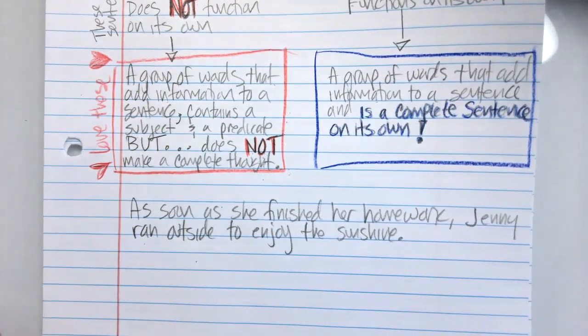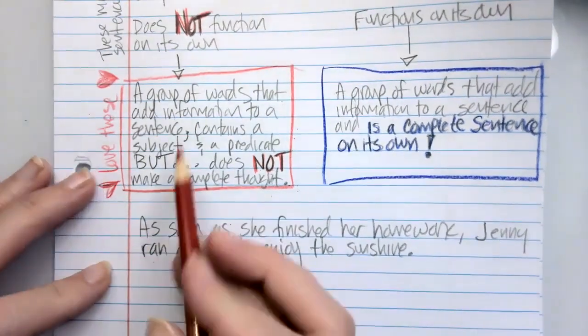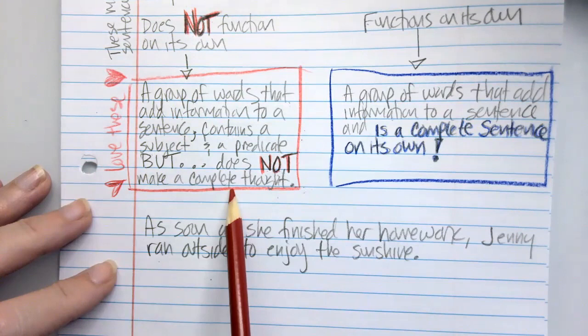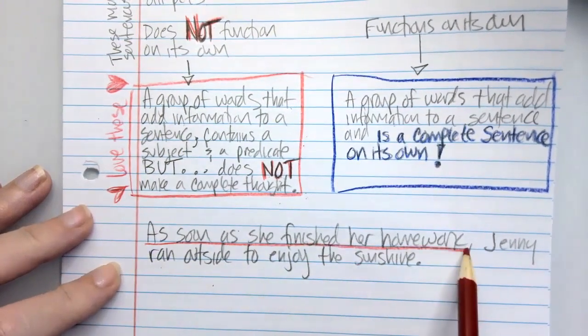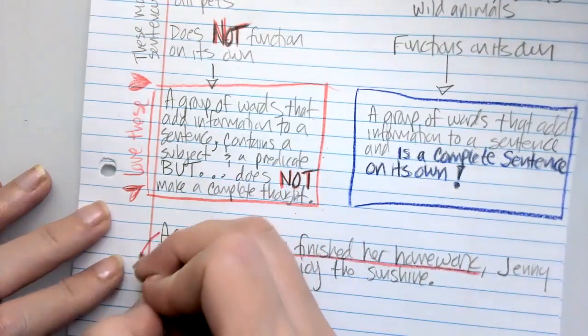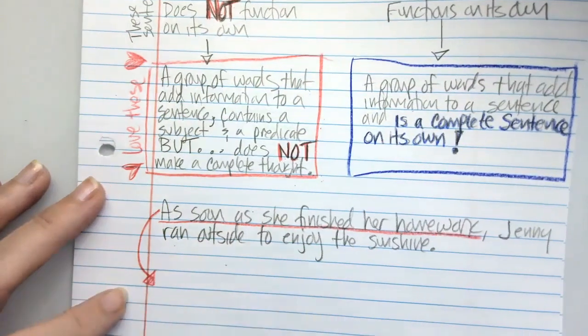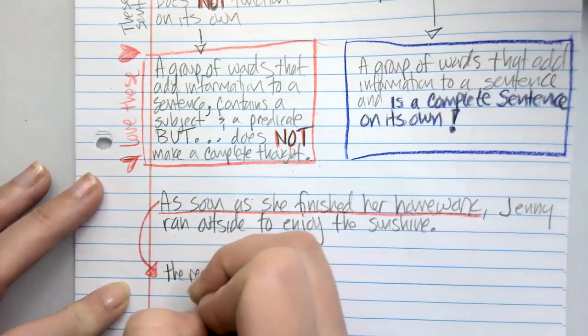What happened as soon as she finished her homework? I am. Well, let's go ahead and underline that red because guess what? It does not make a complete thought. We are left wondering, what? Right? As soon as she finished her homework, we're going to underline that in red. We're going to draw a red circular arrow here. And then we're going to write, the reader is left wondering.